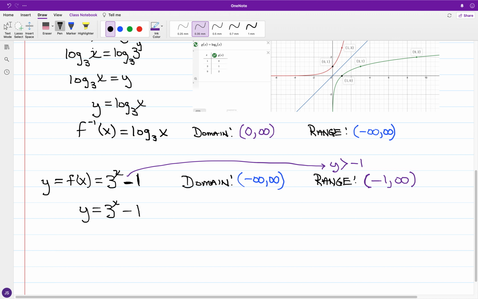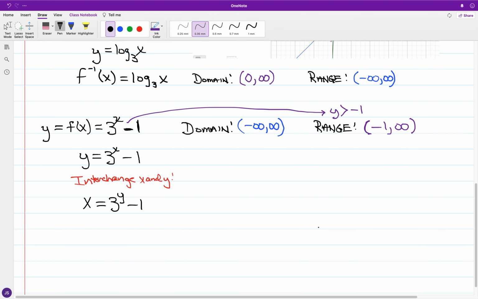I have y is equal to 3 to the x minus 1. And if we look at interchanging x and y, we have x is equal to 3 to the y minus 1. After the interchange, I still have y as the power to which 3 is going to be raised.